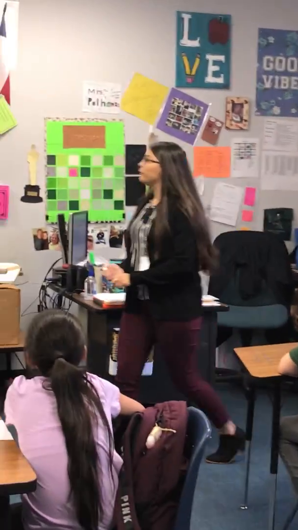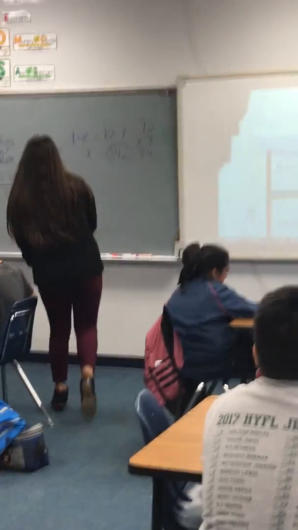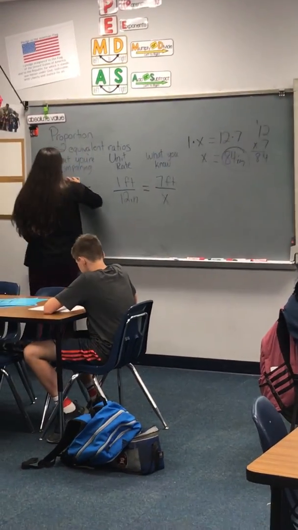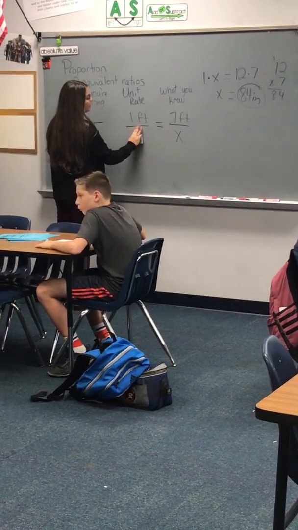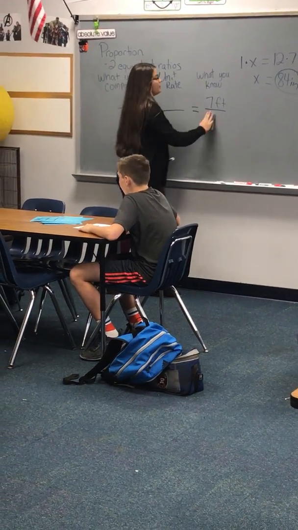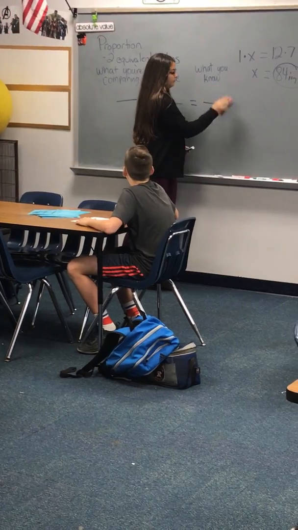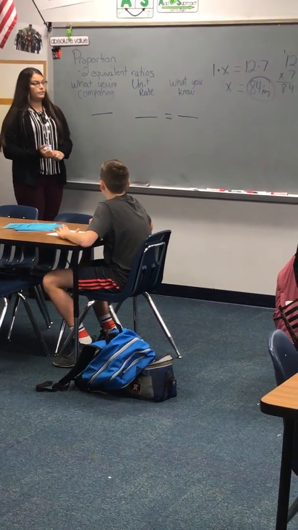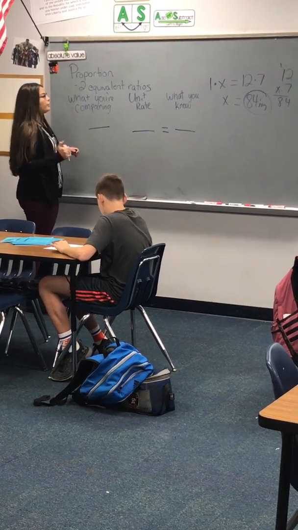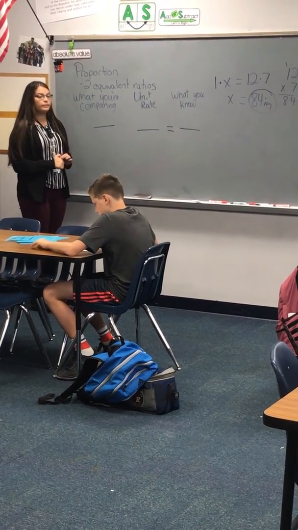We have 14 centimeters equals blank millimeters. So I'm going to have my same setup. We're going to have one line, another line equals another line. You'll have to do the same setup for every proportion problem. So what are we comparing?